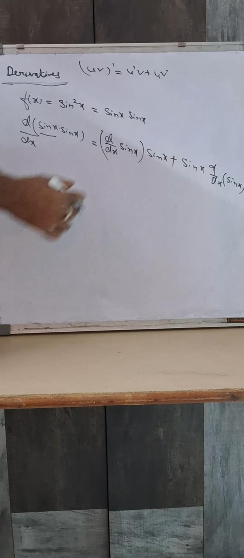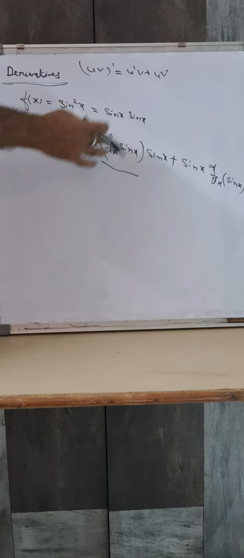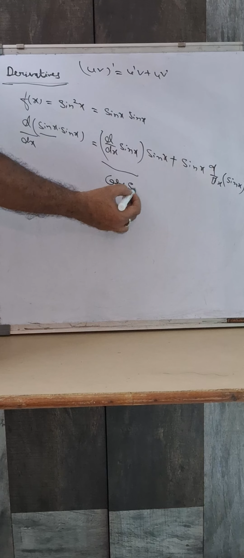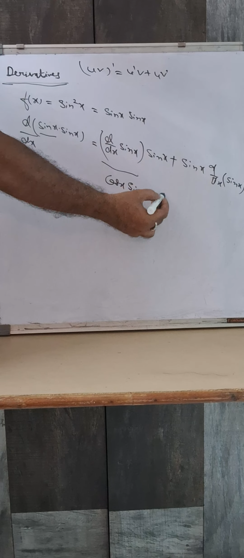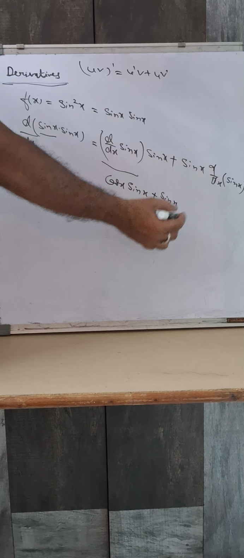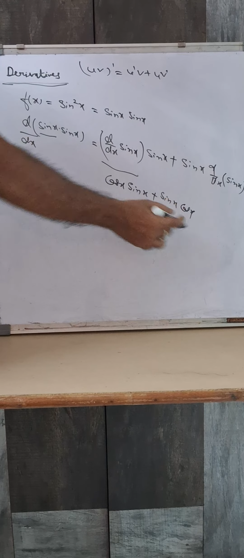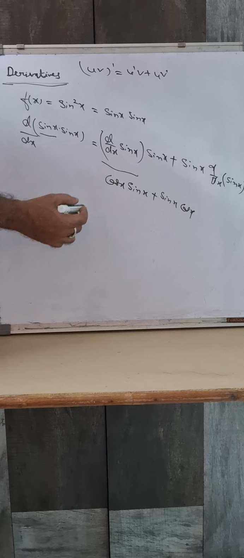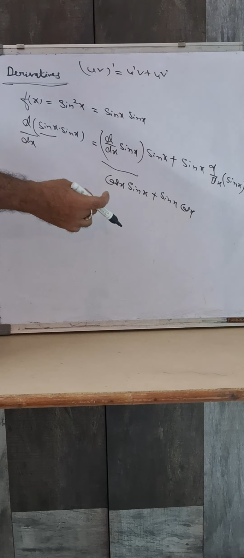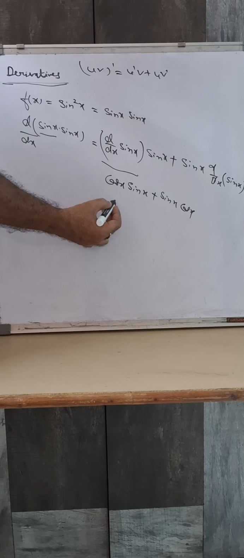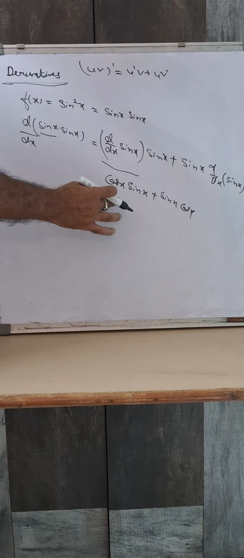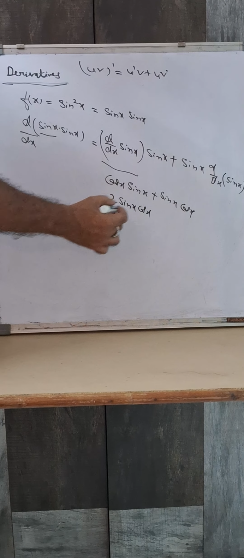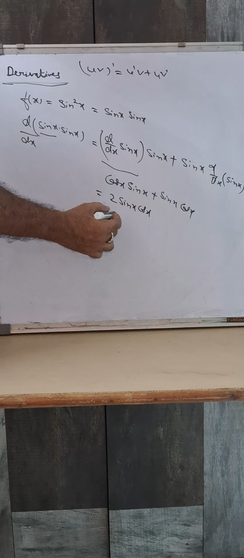In previous video we learned that the derivative of sin x is cos x. So cos x sin x plus sin x cos x, which is 2 sin x cos x, which equals sin 2x.